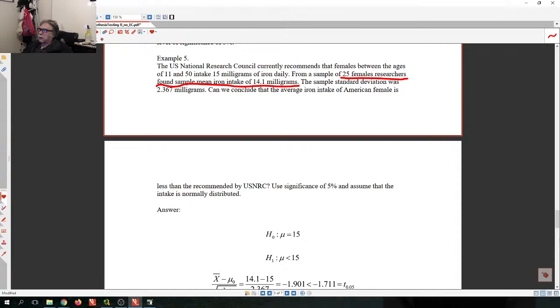So you might think, well, apparently we are not going to be able to conclude that they are iron deficient, right? Maybe they are, maybe they aren't, we don't know. The sample standard deviation in this sample was 2.367 milligrams. Can we conclude that average intake of American female is less than what is recommended?